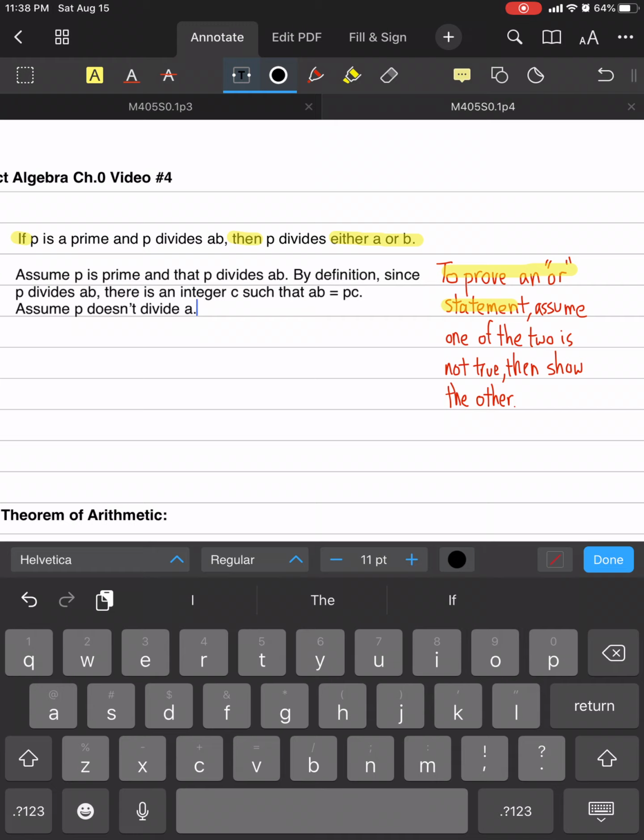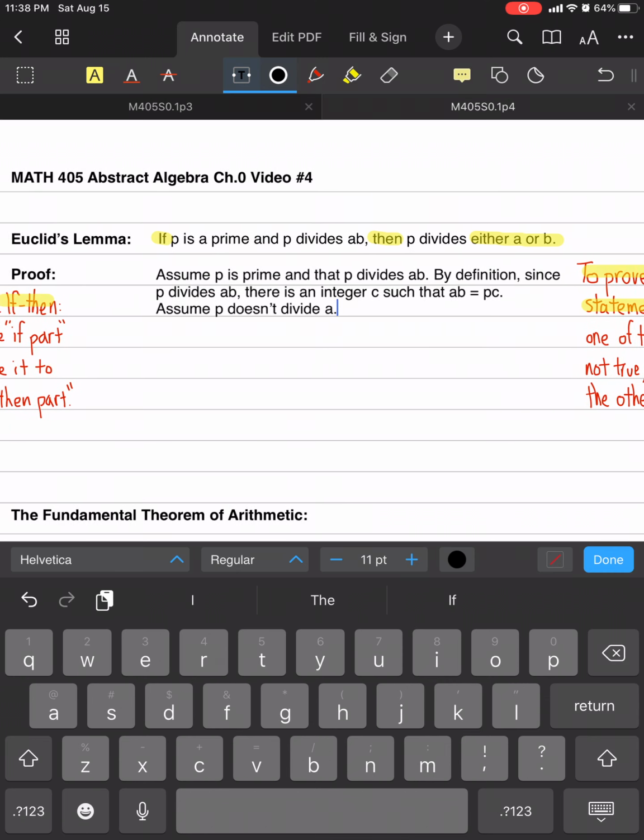Now, this is a little bit different than what this is going to mean in general, because here, since P is prime, that means the only factor A and P can share is 1.